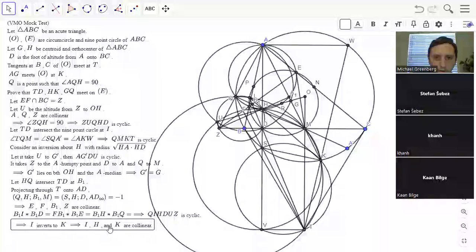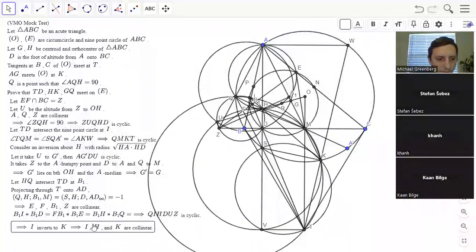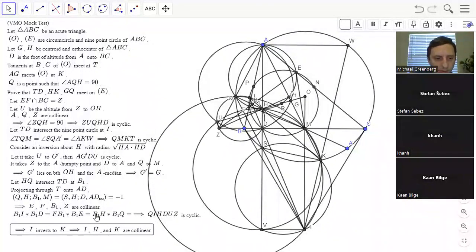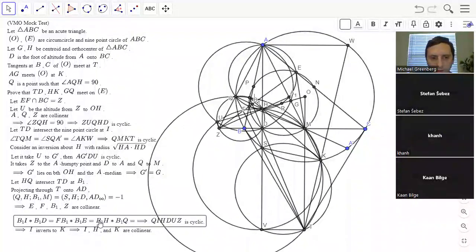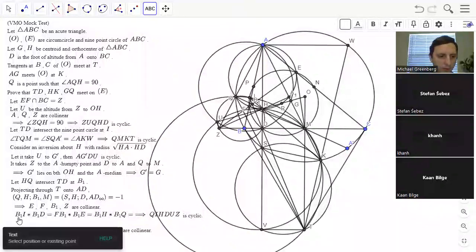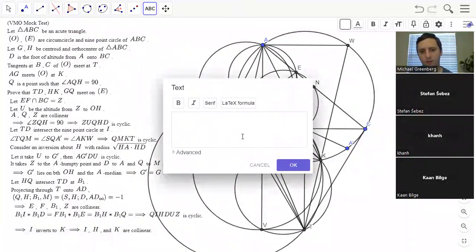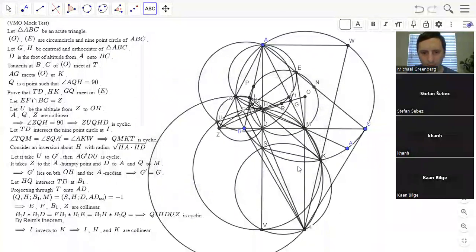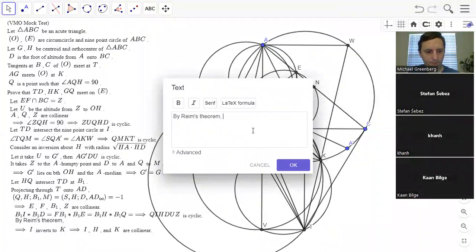Okay. So by Reim's theorem, QIMKT is cyclic. So HT is parallel to MT. QIMKT is cyclic.